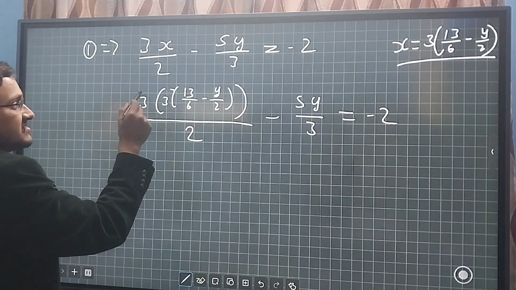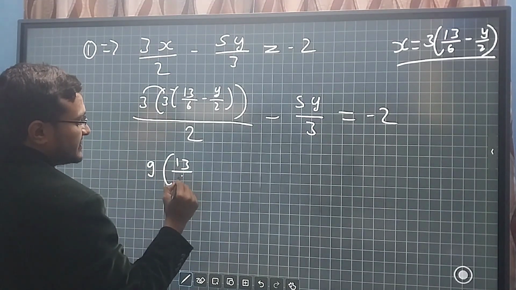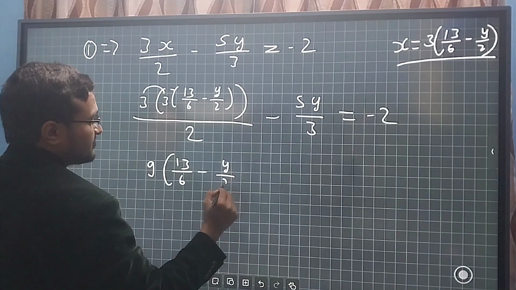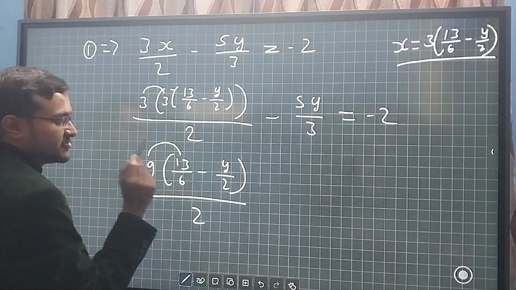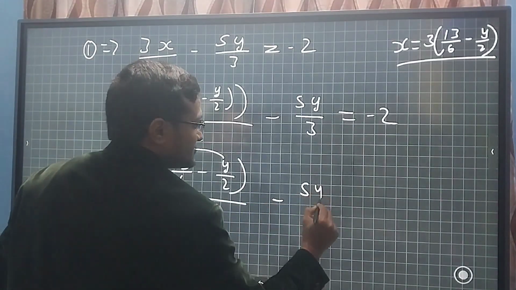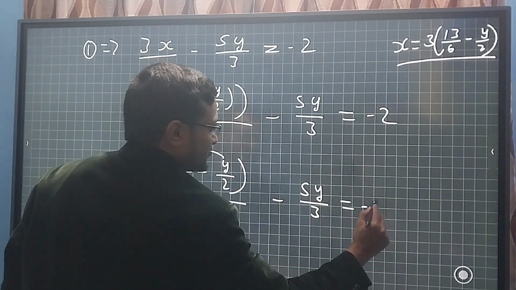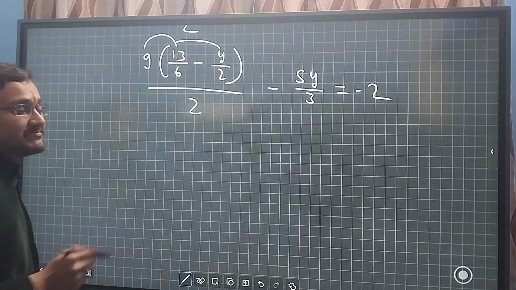So now here 3 into 3 is 9. So 9 into 13 by 6 minus y by 2, whole divided by 2. So this 9 you have to multiply to 13 by 6 and also to minus y by 2. So here minus 5y by 3 is equal to minus 2. So now here 9 into 13 by 6 is there.